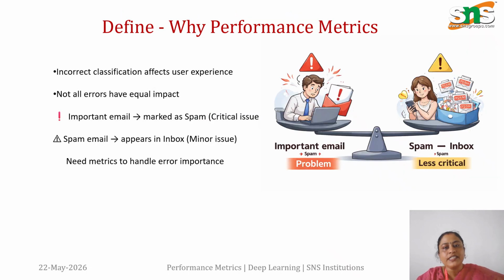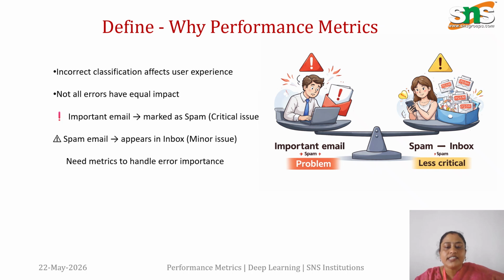Why are performance metrics needed? Accuracy alone cannot always measure the model quality. Sometimes a model may show high accuracy but still make some important mistakes. So performance metrics help us understand different types of errors. They also improve decision making and help build reliable AI systems.